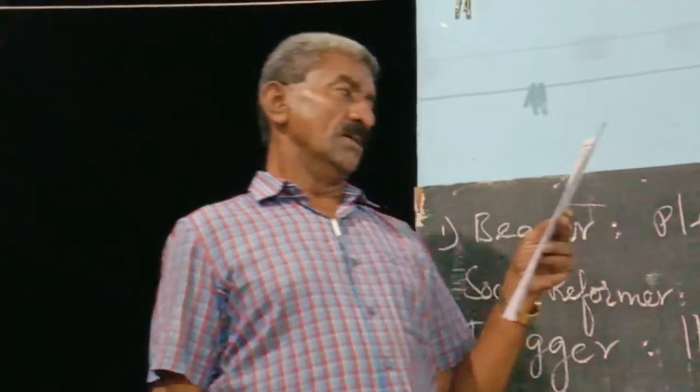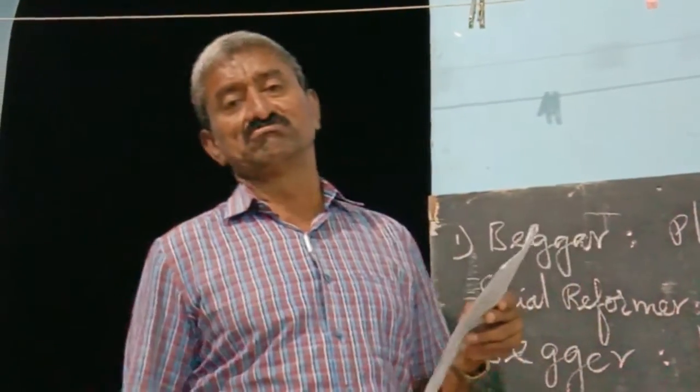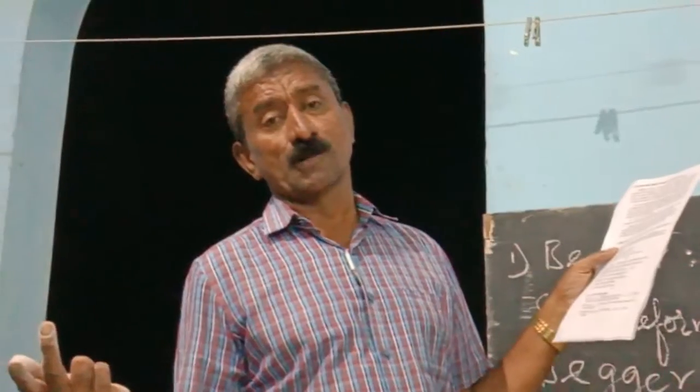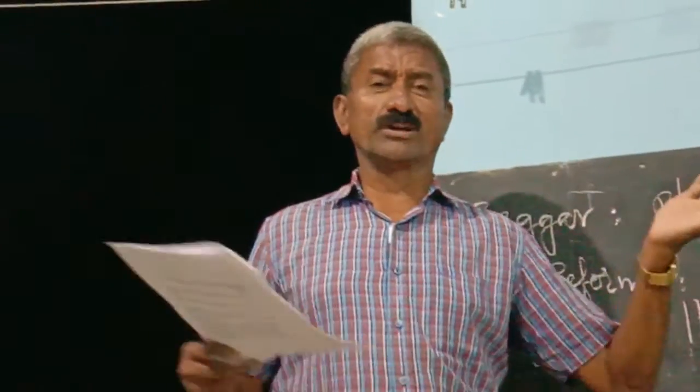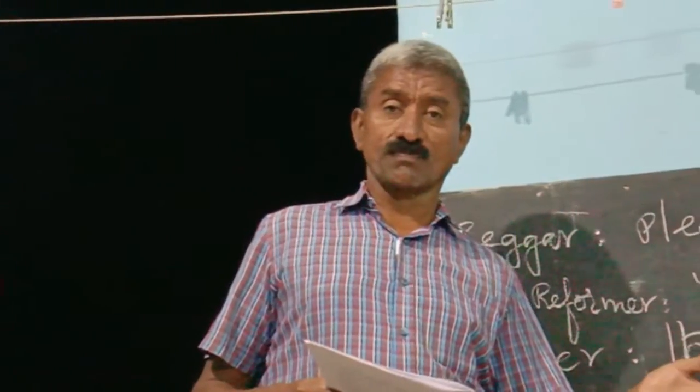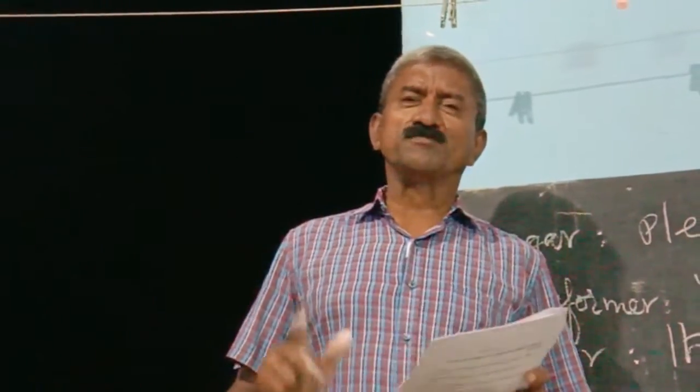Another option is there, 44B. Write a paragraph of about 150 words on the hazards of using a mobile phone. There are many things. Hazards are the difficulties of using a mobile phone. Very costly. So likewise, you can add many points. Costlier, more expensive, great damage to eyes. Our eyes are totally spoiled by this.